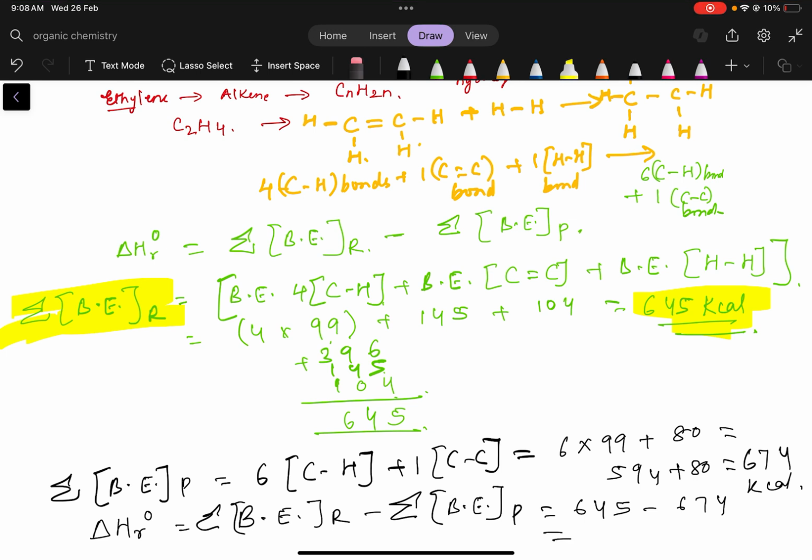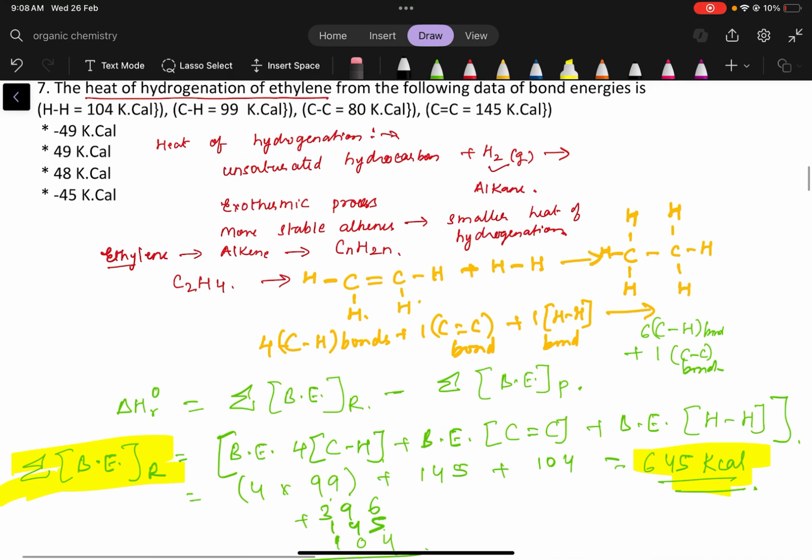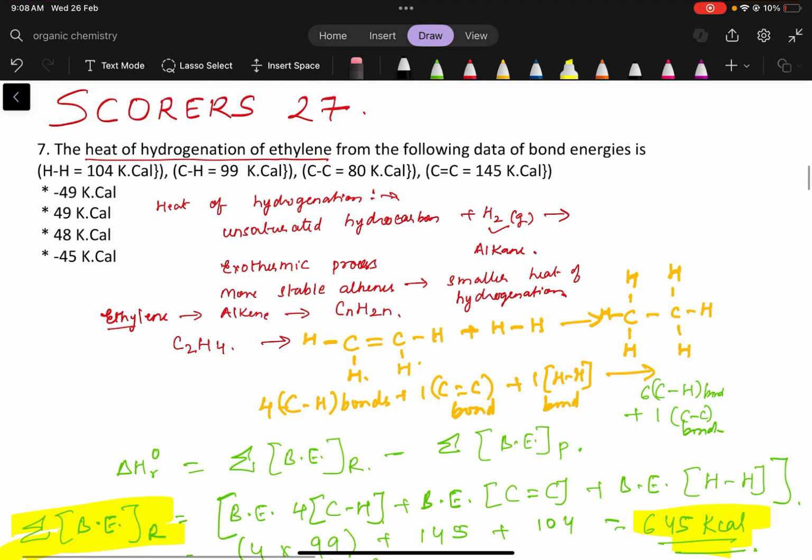That is minus 29 kilocalorie per mole. So the correct answer is minus 29 kilocalorie. I hope you understood the explanation. Thank you so much.